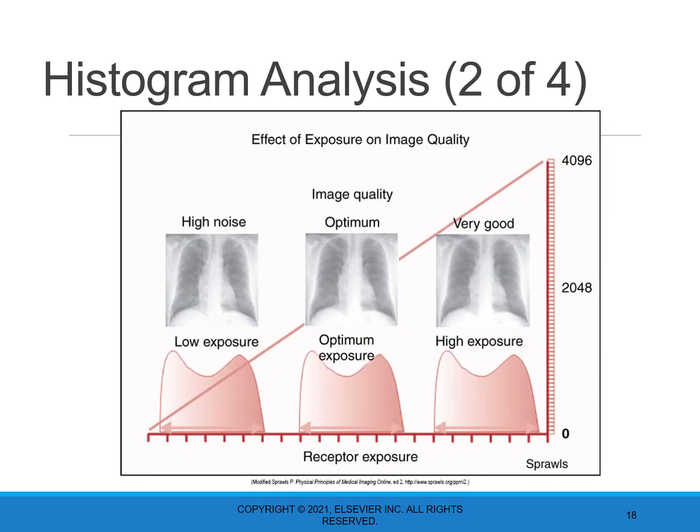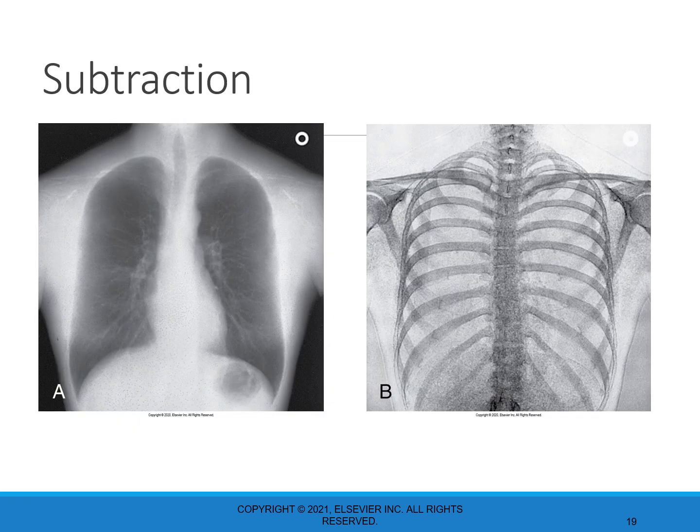And here we talked about this on the last slideshow, so I'm basically going to skip over that, but if you have any questions, let me know. Subtraction we talked about before. This one is actually an example of subtraction. You can see that you don't really see lungs, you don't see heart, you don't see liver or any of that. What has been done here is they did a mask, and then they tried to subtract everything that wasn't a pixel value consistent with bone.